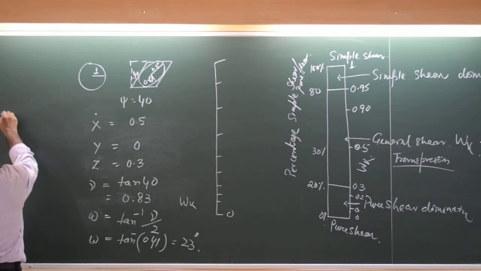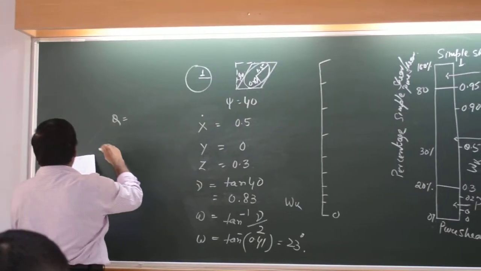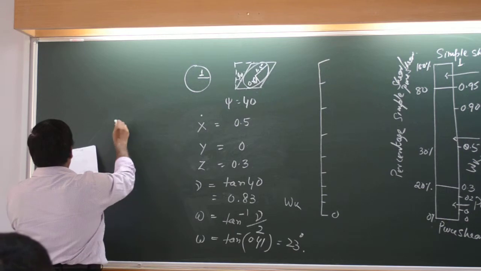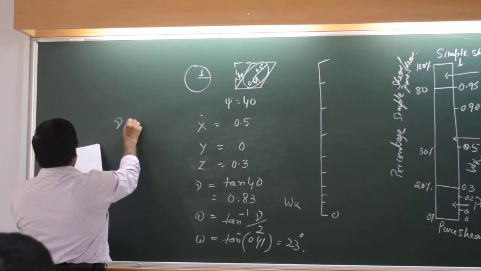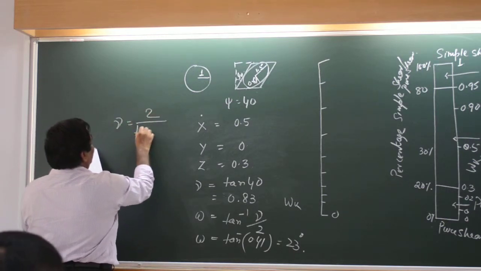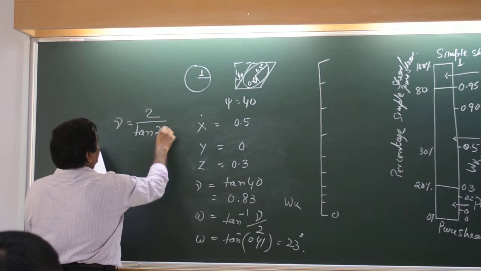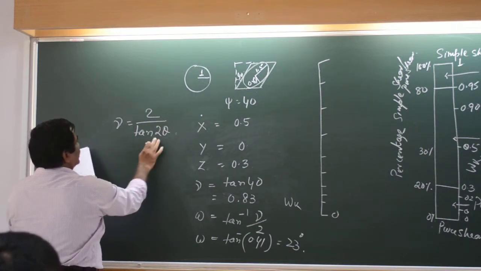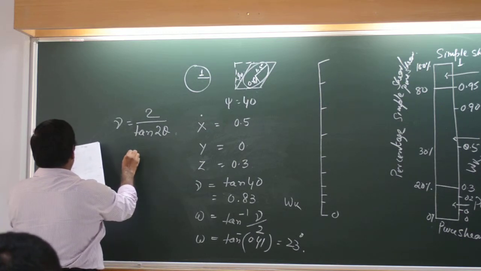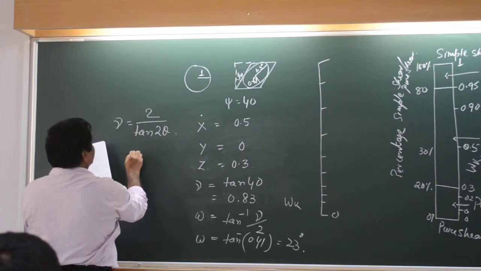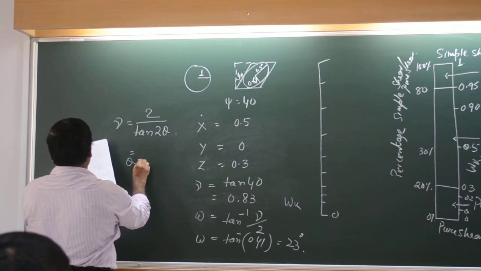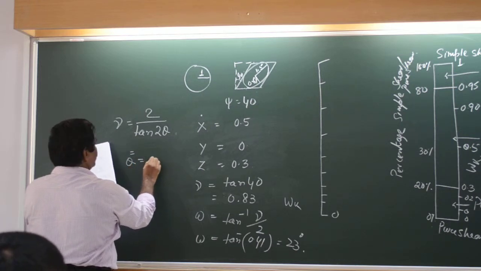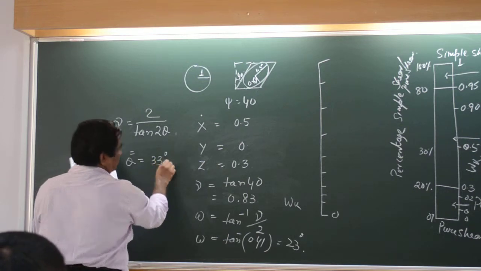The theta value you can also calculate. What was the theta formula? Gamma is equal to 2 upon tan 2 theta. So theta value will be around 33 degrees.